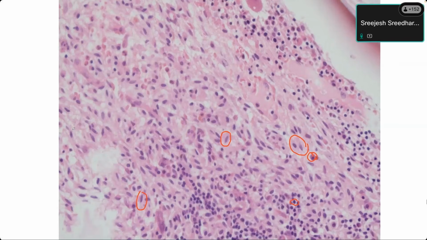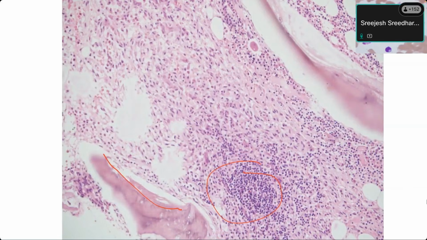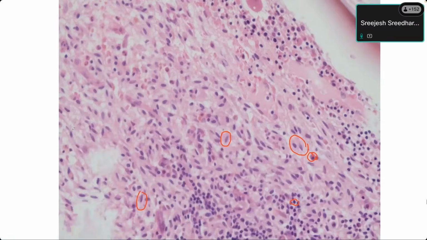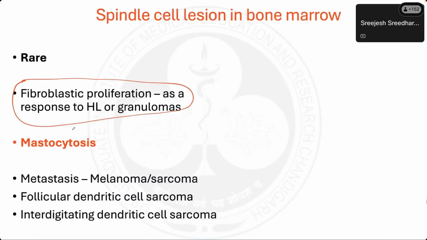These are predominantly spindle cells. Even though there is a lymphoid aggregate, there are no large Hodgkin's-like cells, and these spindle cells are completely replacing some of the marrow spaces.